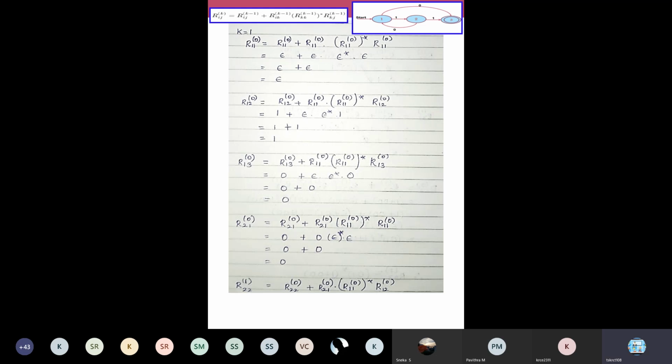Substitute the formula, apply the values of i, j and k, and substitute values from your level k equal to 0. r22 of 0 is epsilon. r21 of 0 is 0. r11 of 0 is epsilon and then r12 of 0 is 1.